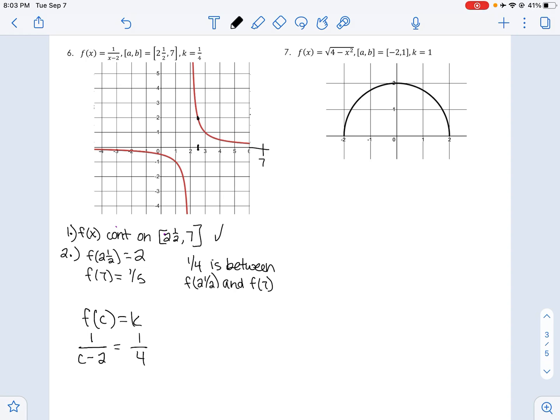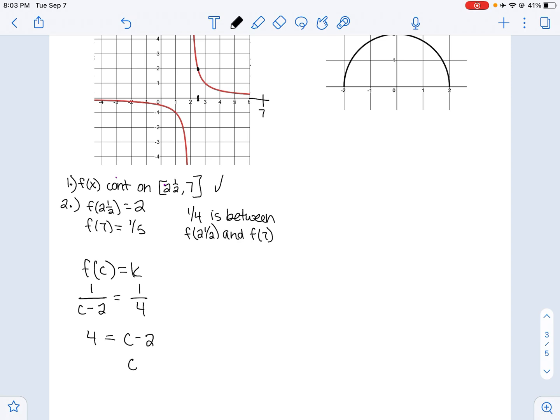I'm going to cross multiply. When I cross multiply, I get 1 times 4, which is 4, and I get 1 times c minus 2, which is c minus 2. I add 2 to both sides, I get c to be 6, and it works, which means when my x value is 6, my y value is 1/4.